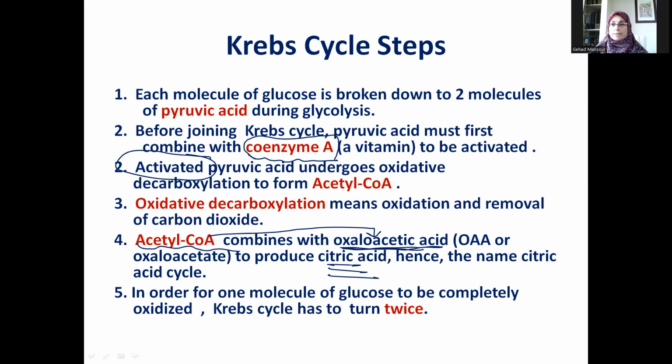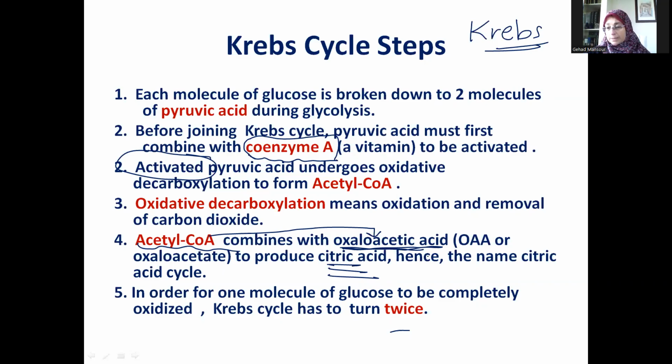Krebs cycle has been named after the scientist Sir Hans Krebs. There is no apostrophe. He is called Krebs. But because the first product in the Krebs cycle is citric acid, we call it citric acid cycle. And we will see that it is a cycle, meaning that we start at a point, the pathway proceeds, and then we end at the same point.